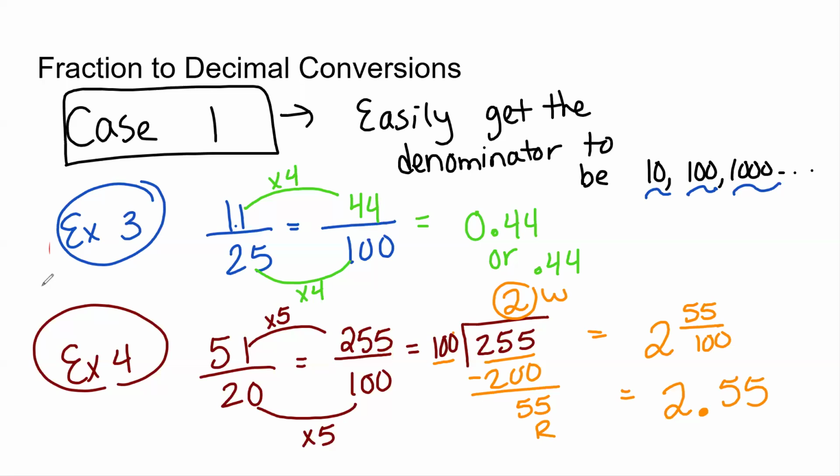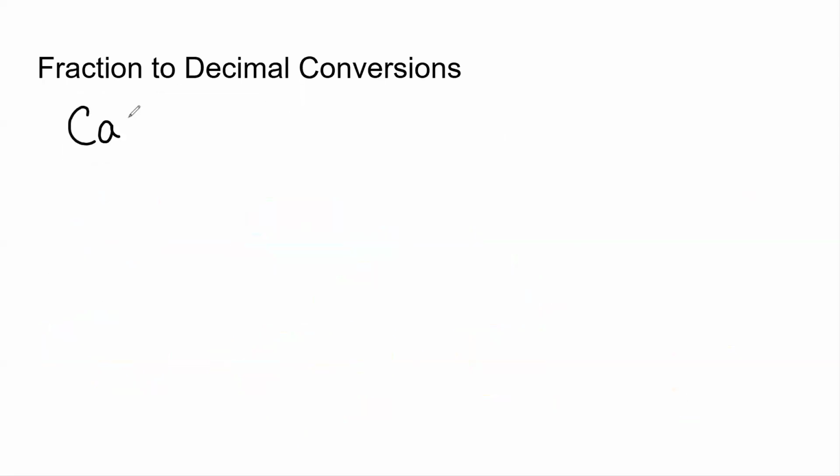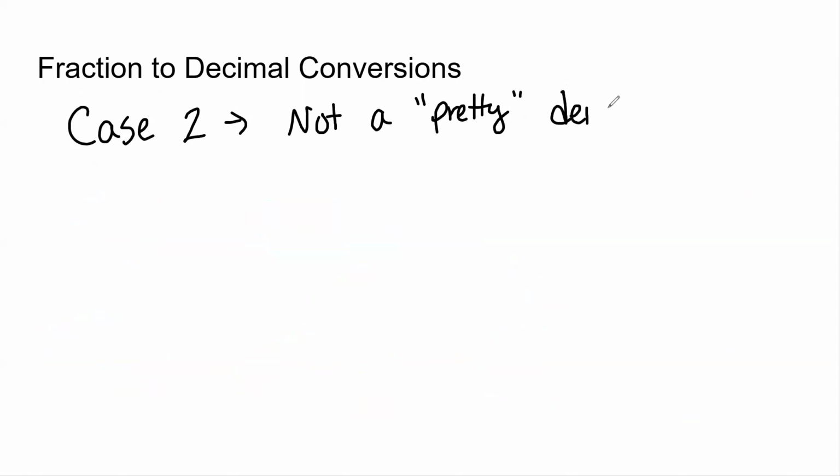And now case 2 is if you can't get it to a pretty denominator. So not pretty, and by pretty, I mean you can't easily get it to 10, 100, 1,000 on the bottom. And this method's going to work for all of them. I'll show you what I mean here.